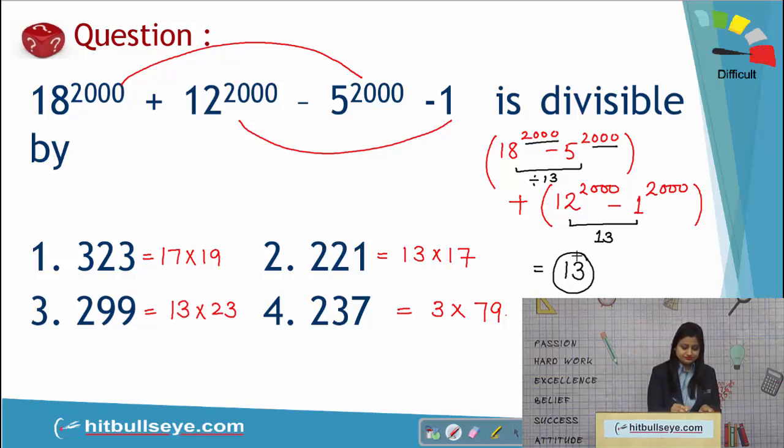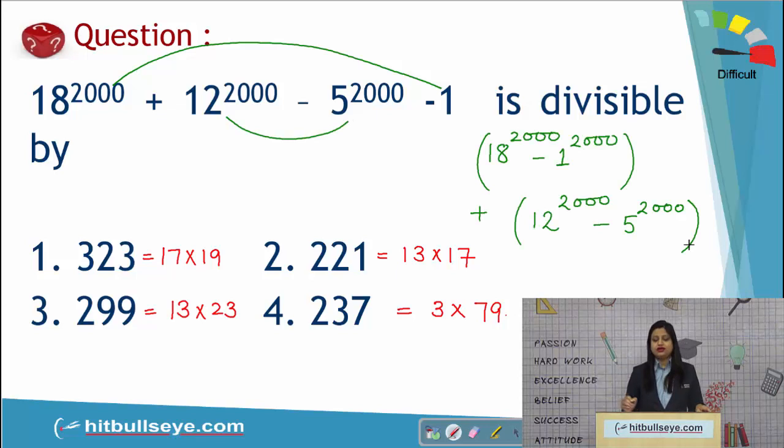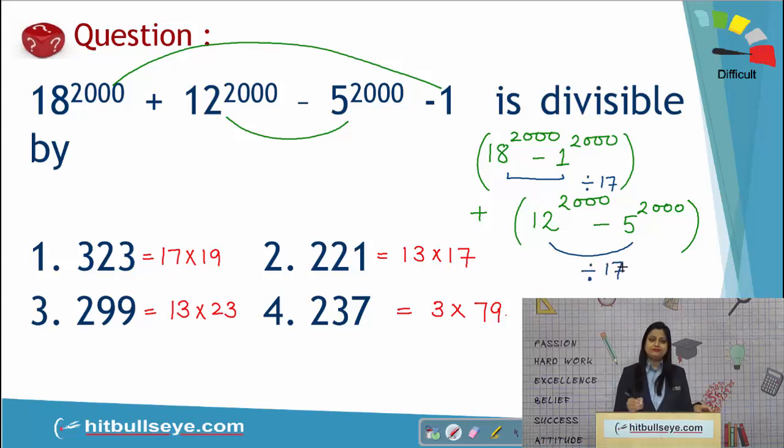Similarly, again, we will combine them but in a different manner. Again, applying the same shortcut, the first expression should be divisible by 18 minus 1, which comes out to be 17. Similarly, the second expression should be divisible by 12 plus 5, which is again 17. So we can say that the complete expression will be divisible by 17.